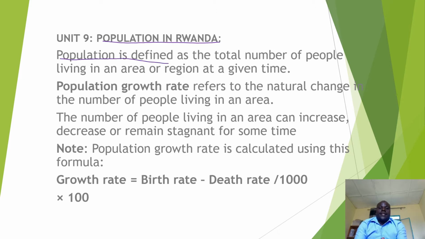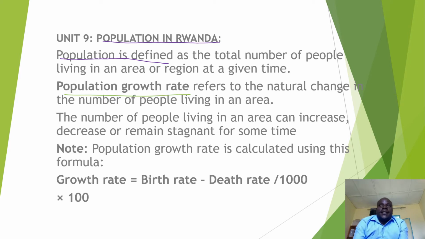Population is defined as the total number of people living in an area in a given period of time. How many people live in an area in a given period of time? That is population. Then what is population growth rate?